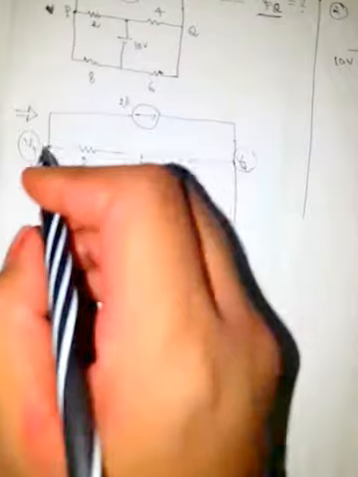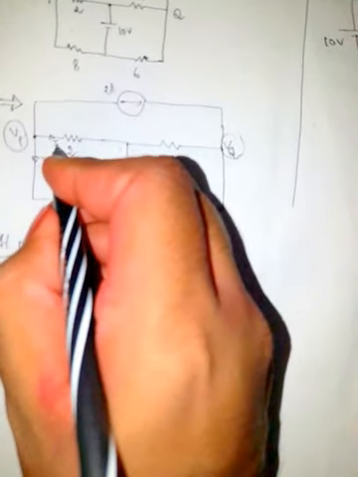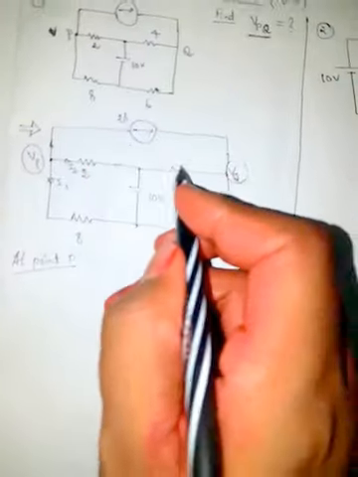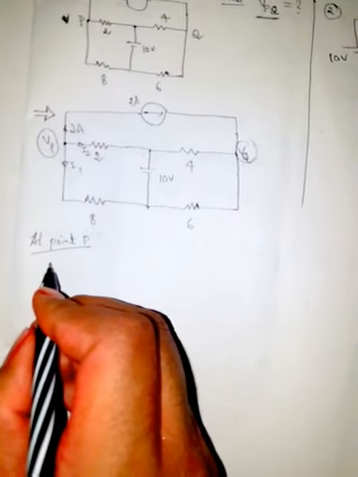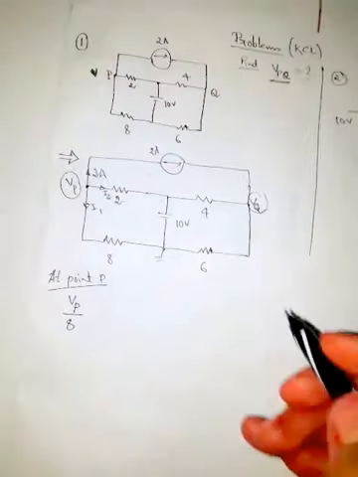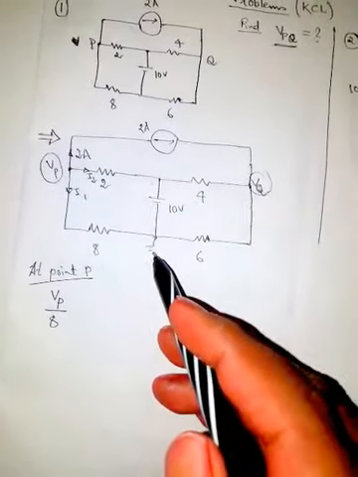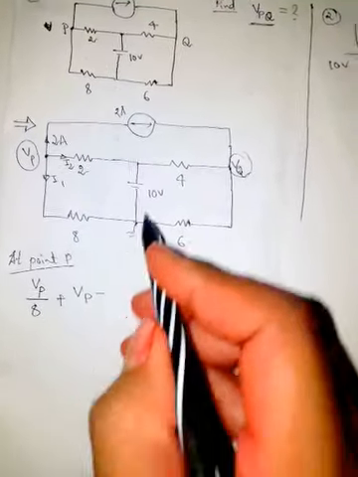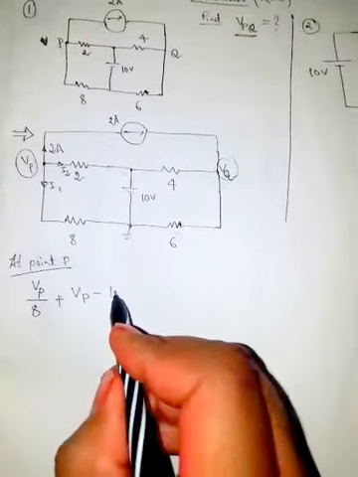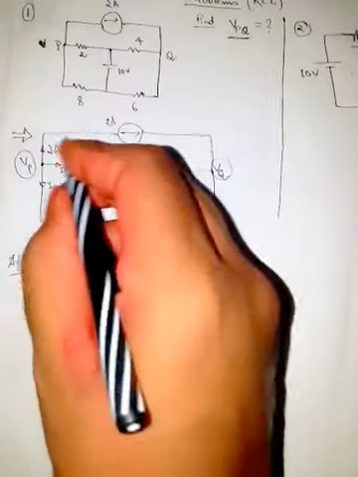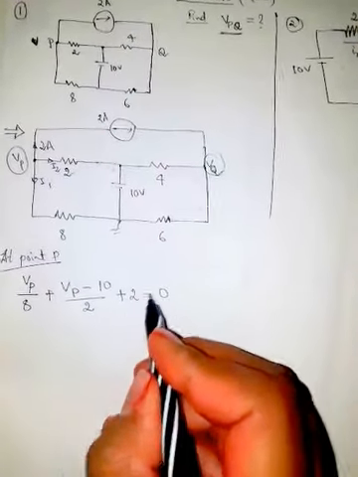So from VP the current will flow outward: here is I1, here is I2, and this is 2 ampere, as the 2 ampere current source is there. From KCL at point P we can find VP: VP by 8, as it is at zero potential, plus VP minus 10 by 2, and this 2 ampere current is outward, so minus 2, is equal to 0.